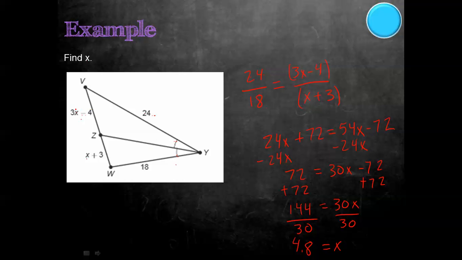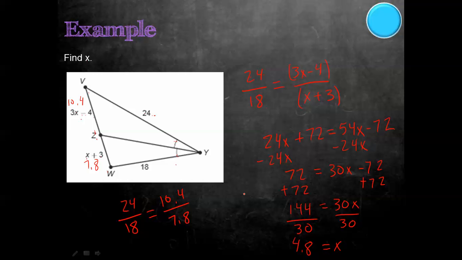Now to go in and check it, I could just plug this in right here. 3 times 4.8 is 14.4, minus 4 is 10.4. So this side, VZ, is 10.4. This side right here, 4.8 plus 3 is 7.8. Now, if I plug back in, I would say 24 over 18 needs to equal 10.4 over 7.8.